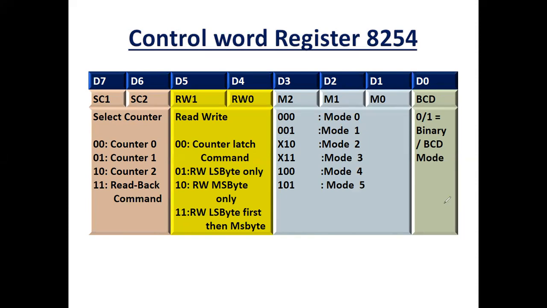So, this control word consists of 8 bits from D0 to D7. Basically, this control word is generated by the control word register, and this register is of 8 bits, and the value written in this control word will decide the mode of operation of this 8254 IC.